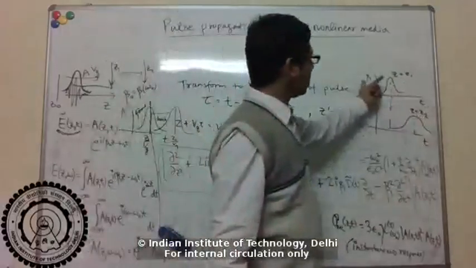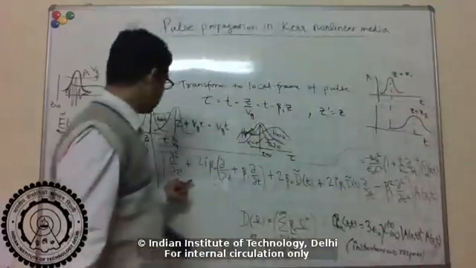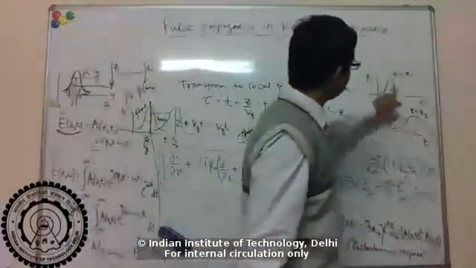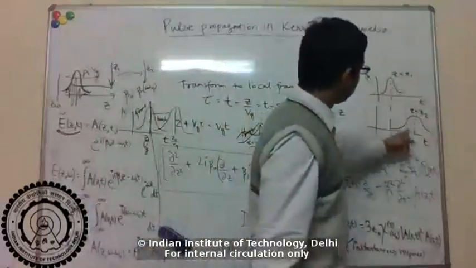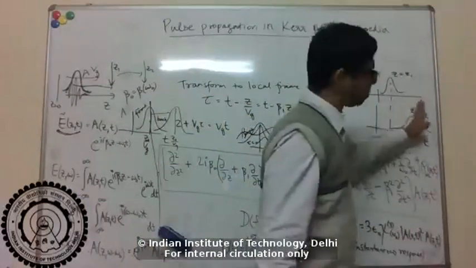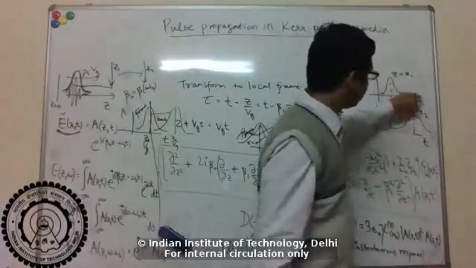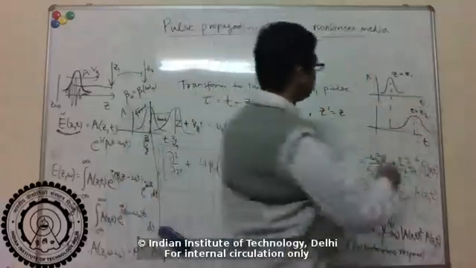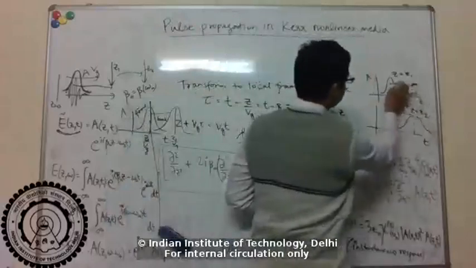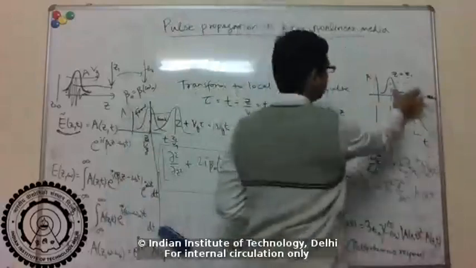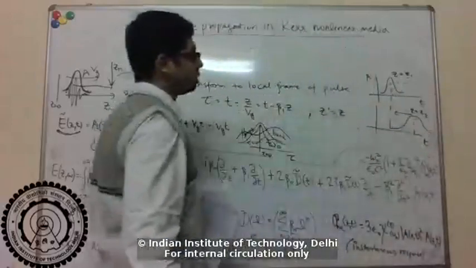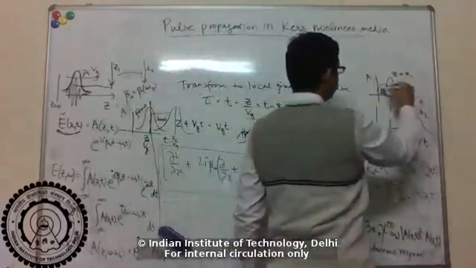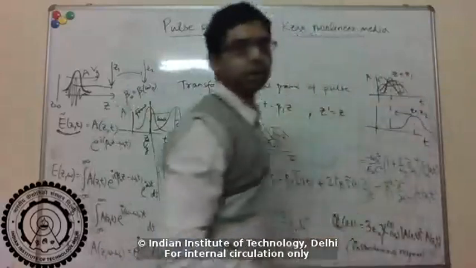So if I try to be in the original coordinate frame of z and t, then I have to keep track of this also. That pulse has moved forward and then see if there is any change in the pulse shape. In moving to this frame, what I've done is basically get rid of this translation of the center, z over vg. And then every time I'm just looking at tau equal to 0 and seeing, as I propagate in z, what is happening to the pulse.